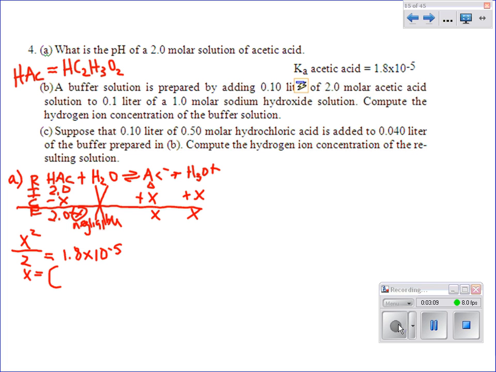I've been really lax on showing work here, but one thing that's not negotiable is indicating that X is the H3O plus concentration. You can check my numbers. They got 0.0060 here, and that's moles per liter. The problem's asking for pH, so pH is equal to negative log of that. And when you take the negative log of 0.0060, you should get 2.22.